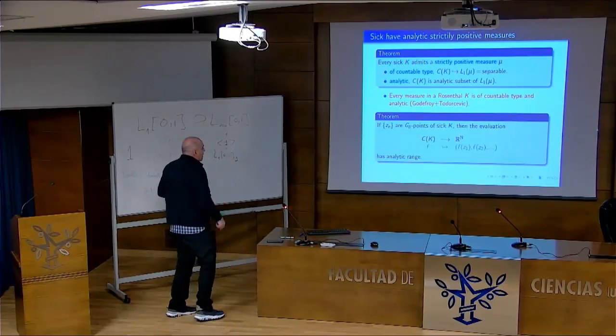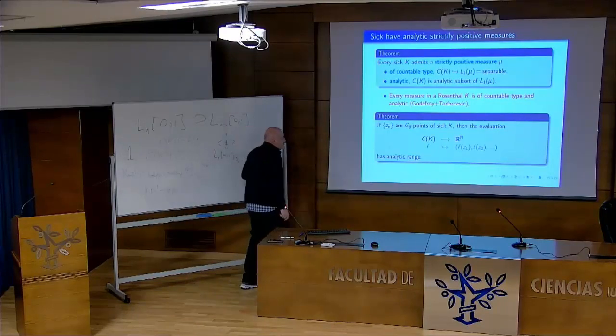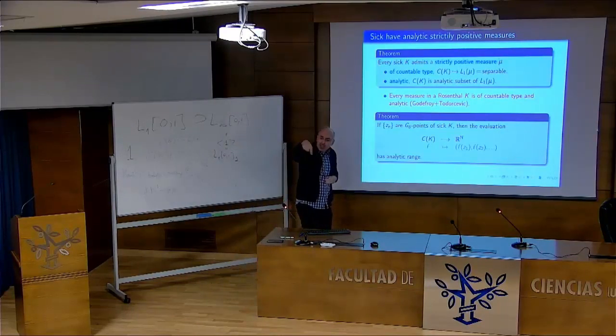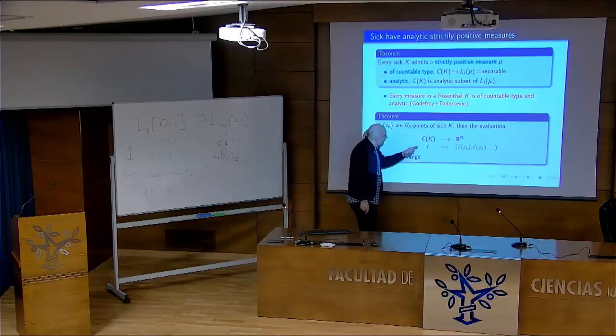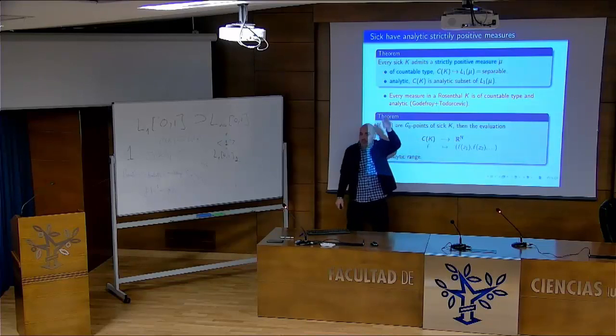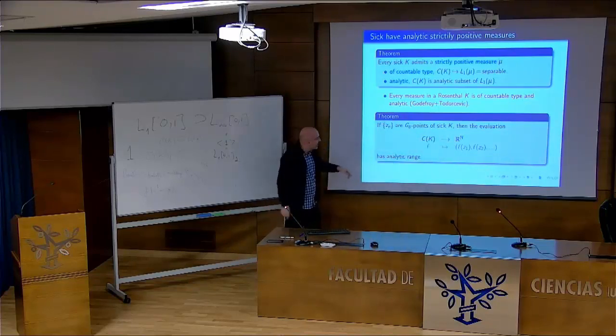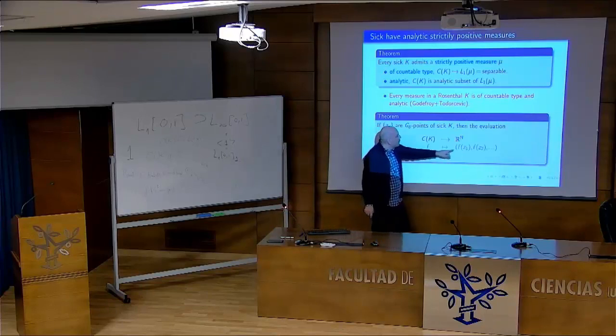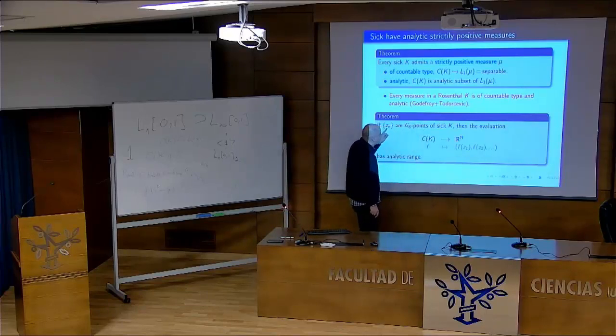If we have a sequence of G delta points, meaning points that have a countable basis of neighborhoods, in a C compactum, then I can represent C of K, here not inside a space of measures, but inside the metric space R to the n, simply by taking a function and evaluating it at this sequence of points.